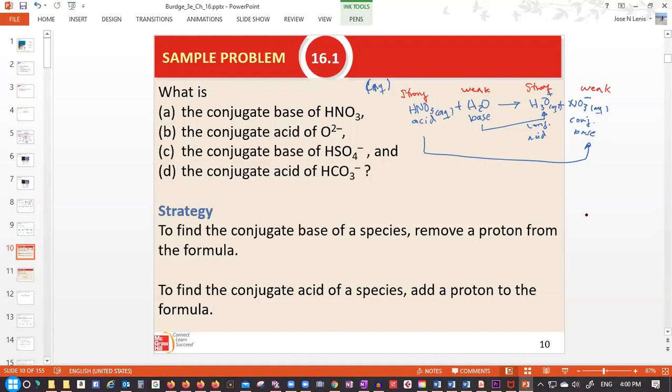Notice that in our cases, most of the time, the conjugate bases have a negative charge. And that makes them sometimes good bases because they can accept a proton. But this species here is too weak.